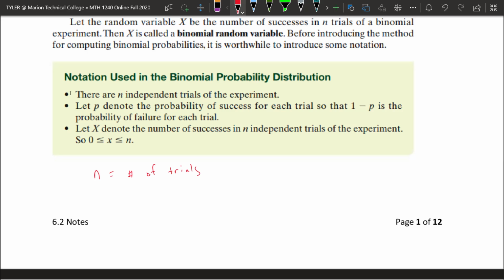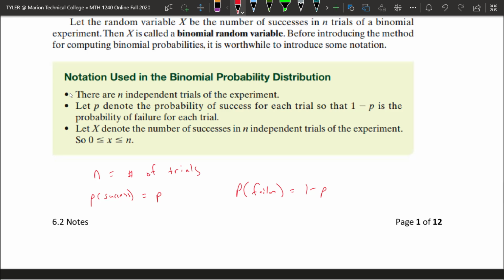In other words, the probability of success we're going to let be equal to lowercase p. That means the probability of a failure is 1 minus p, because those are the only 2 options and they have to add up to 1.